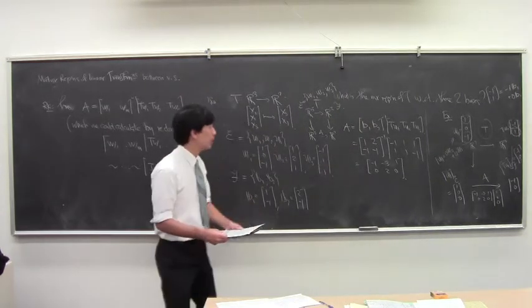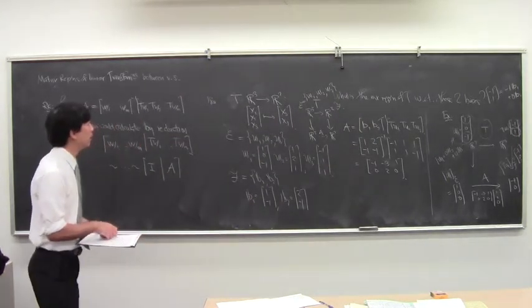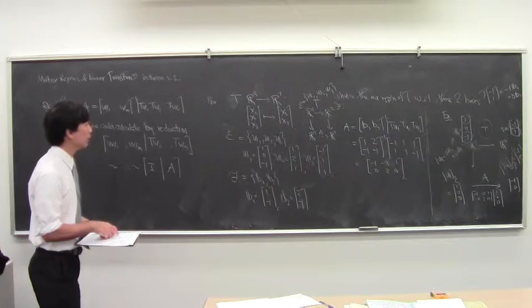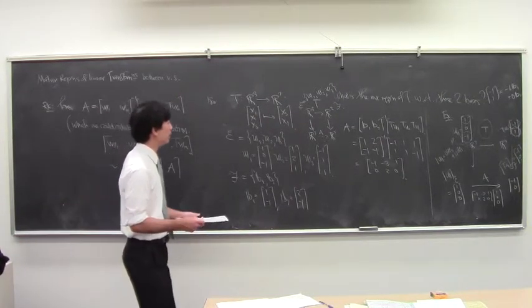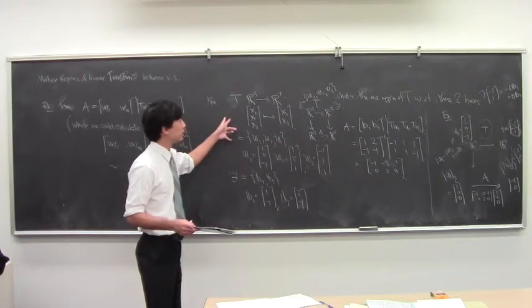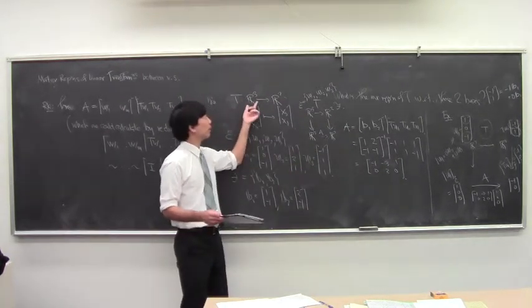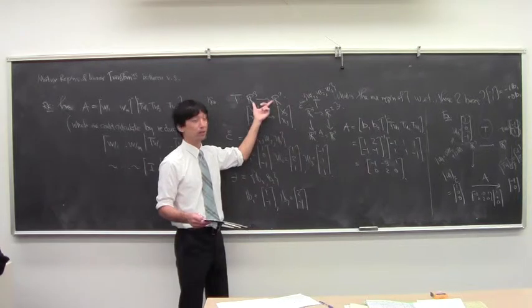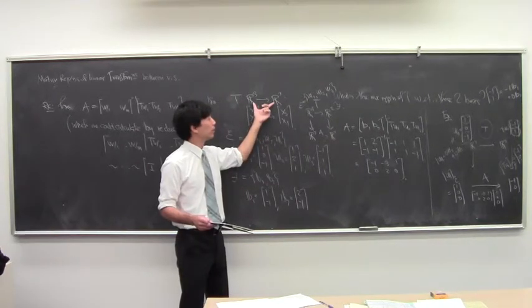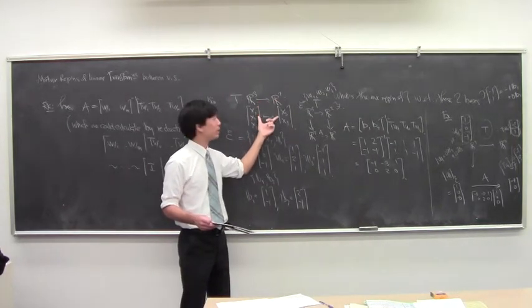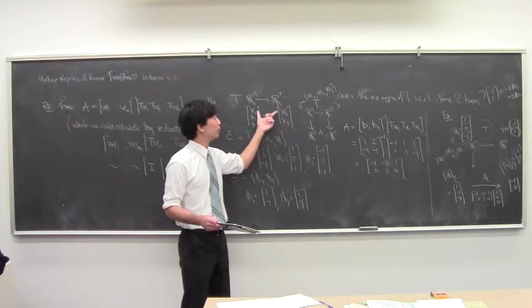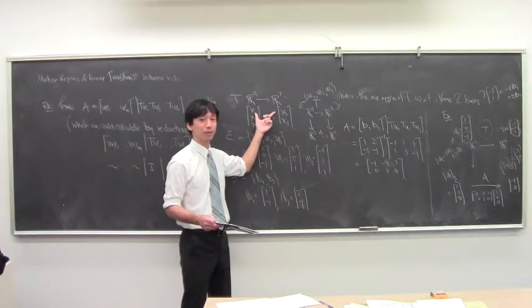Okay. So the moral is, if we change the bases, we get a different matrix, even though this is a matrix going from R3 to R2. What's the representation of this with respect to the standard basis?